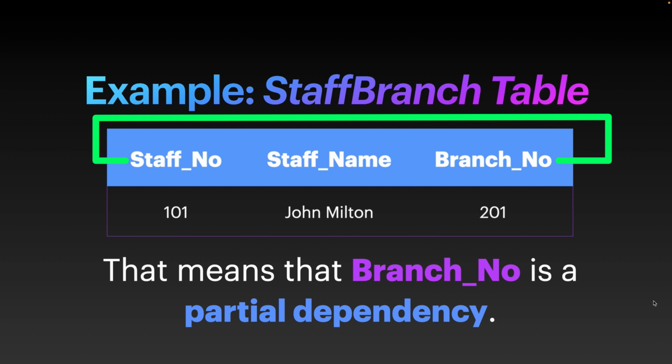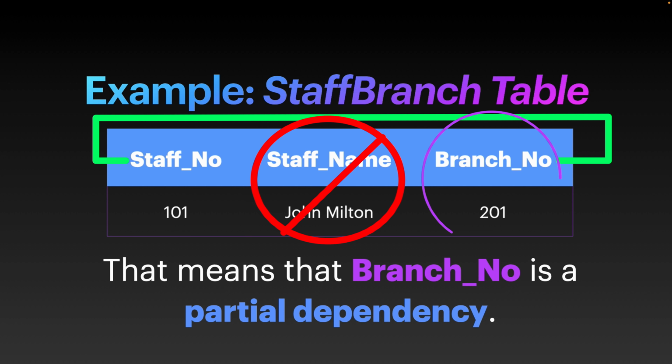Let's consider the following staff branch table. We have a staff number, staff name, and a branch number column. So here, the composite key is staff number and staff name. But notice that the table also includes the branch number. Branch number actually only depends on the staff number key and not on the staff name column.